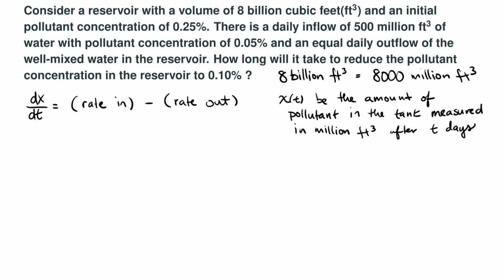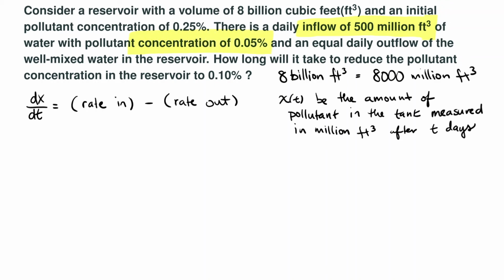Now, as we think about this problem, one piece of it is simpler to understand. We know exactly how much water is coming into the reservoir and exactly the pollutant concentration. That's fixed. Specifically, looking back at the problem, we are inflowing 500 million cubic feet, and the concentration of the inflow is 0.05%.